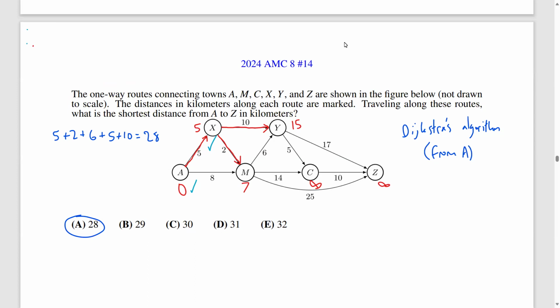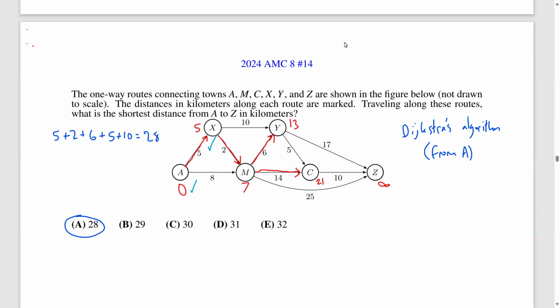So we see that if we take the edge from M to Y, this gives us a path of length 13, which is less than 15. If we take the edge from M to C, this gives us a path of length 21. As we'll see, this path is not optimal.